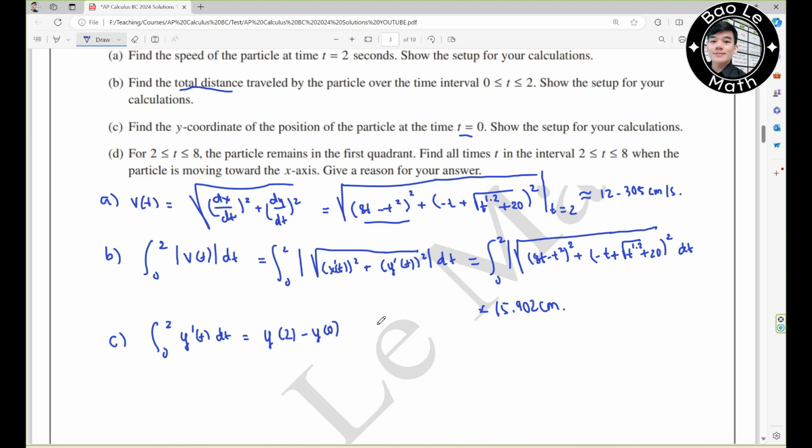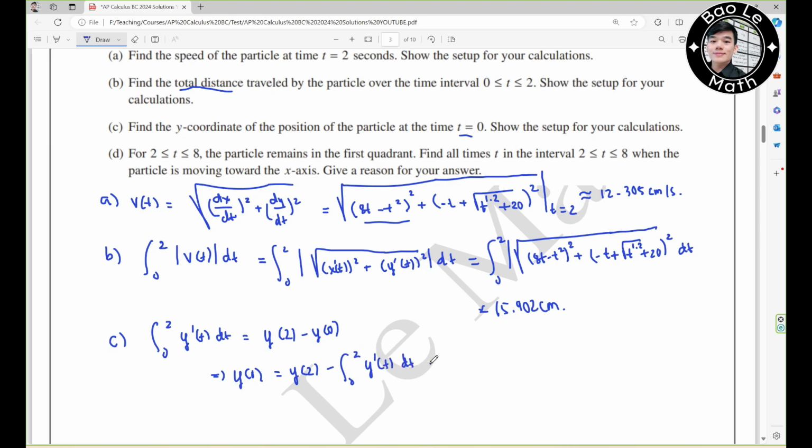So we have y of 0 equals y of 2 minus the integral from 0 to 2 of y prime of t dt.